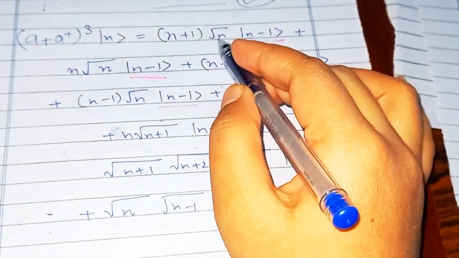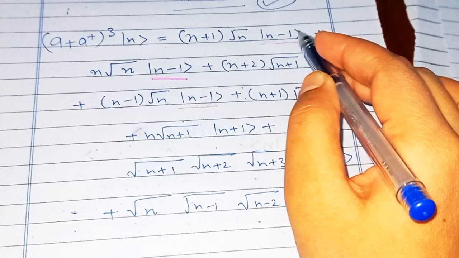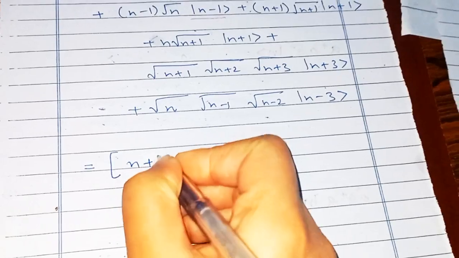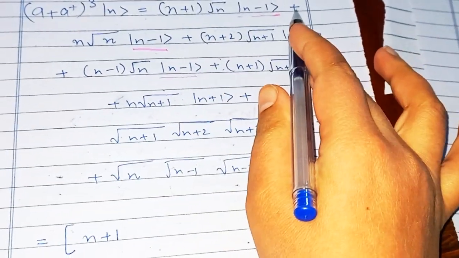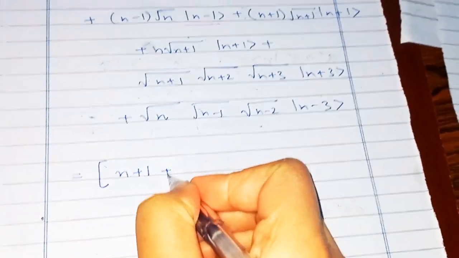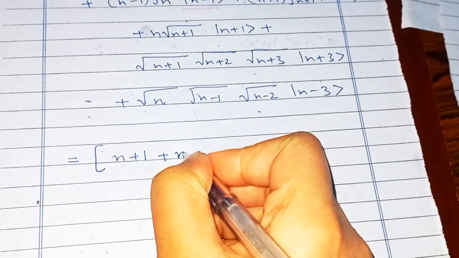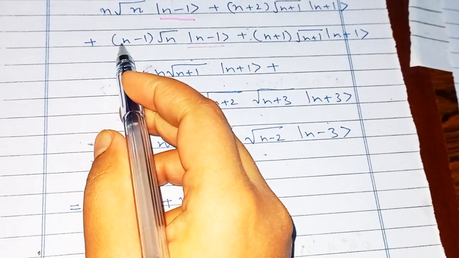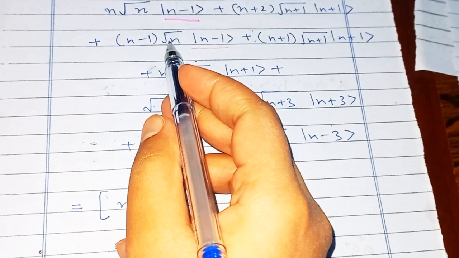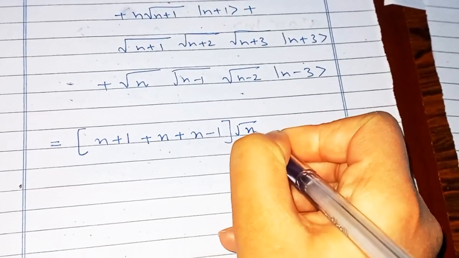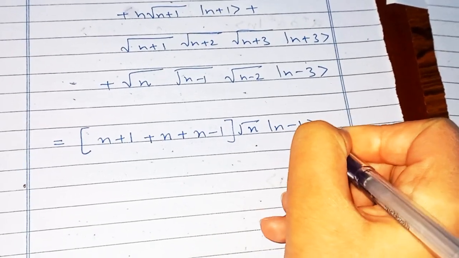So besides under root n and the cat, we'll write the other things inside this bracket, which is actually n plus 1. Then plus sign we have, other than under root n and this cat, we have n plus sign, then we have n minus 1. We'll not take under root n here as well. Okay, keep that in mind. Under root n is outside and the cat is outside as well.